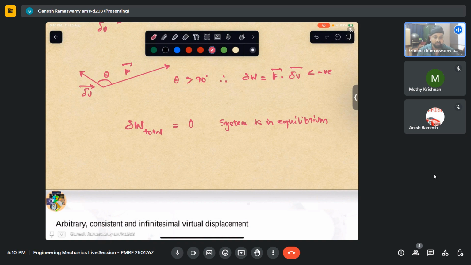Now we are trying to analyze the same systems using a different method, because it will be more convenient to solve a system of rigid bodies using this method, and there is a particular class of problems where this becomes a necessity. The sum total of the virtual work done by all the active forces in the system, if it equals zero, it is in equilibrium. On the contrary, we will take that it is in equilibrium and equate it to zero.